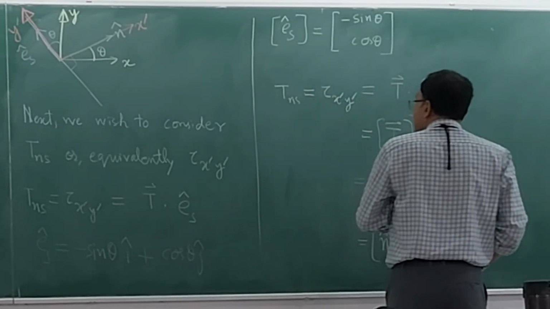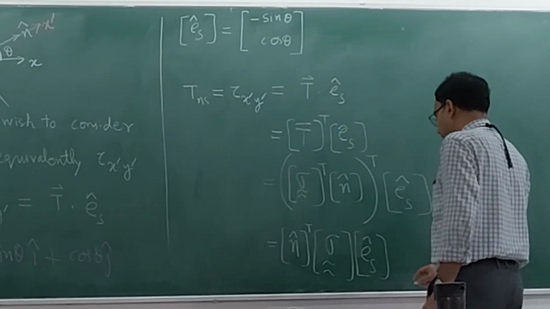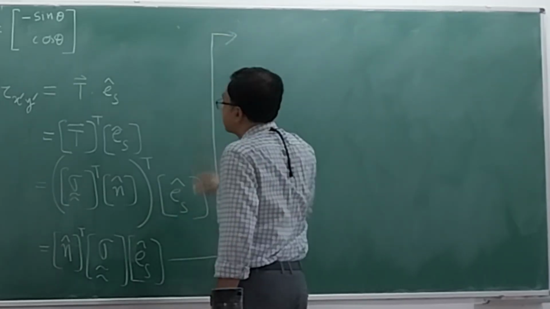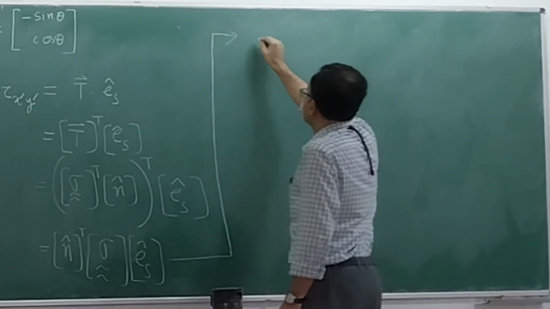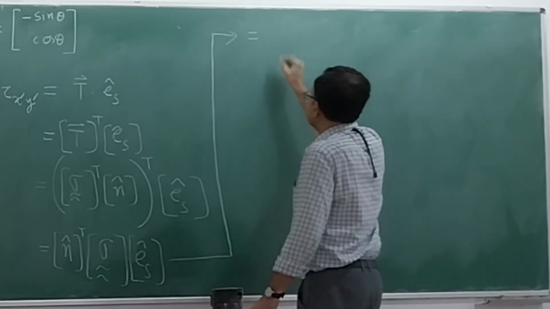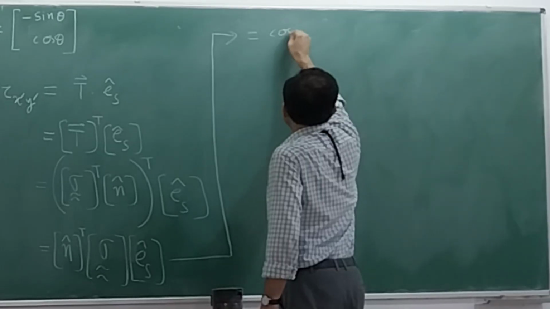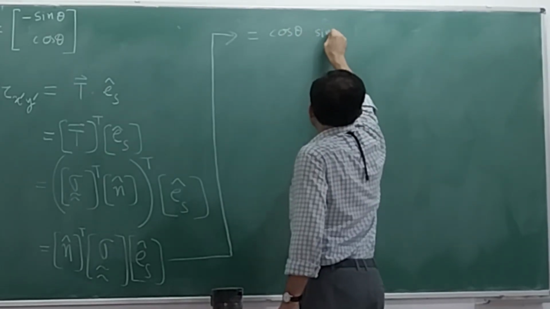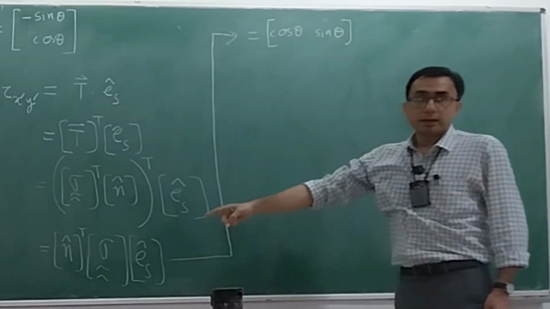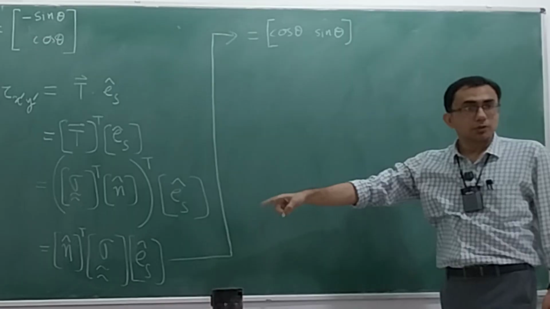So now what we'll do is, my n still remains as cos theta sin theta. So this is cos theta sin theta. Because there is a transpose, I go from the column to the row form.